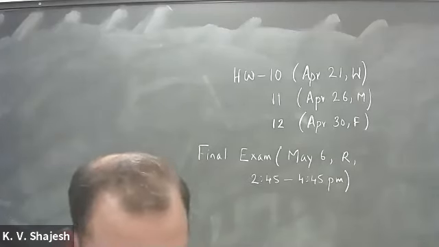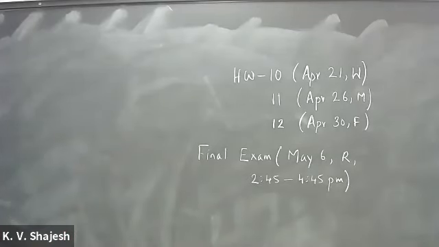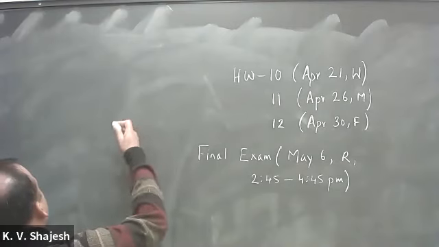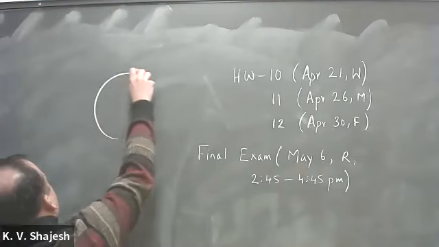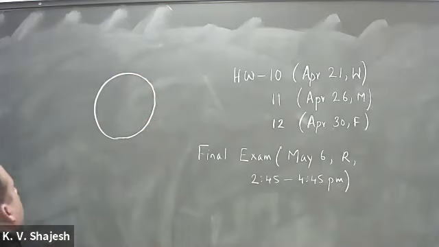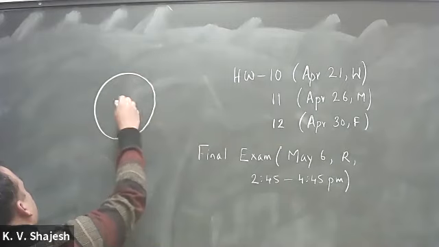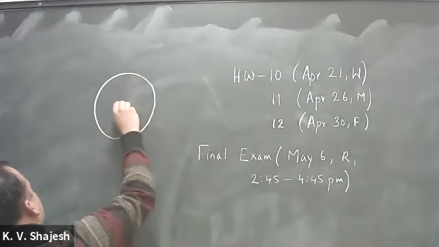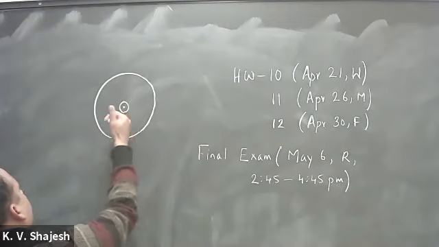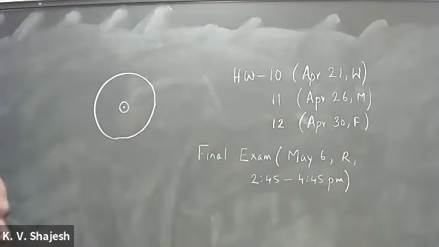Regarding the quiz problem, if something is going in circular motion, let's say this is the top of an object that's moving about an axis that's coming out of the board. A point inside a circle means it is coming out of the board. The question was to show the direction of certain quantities.